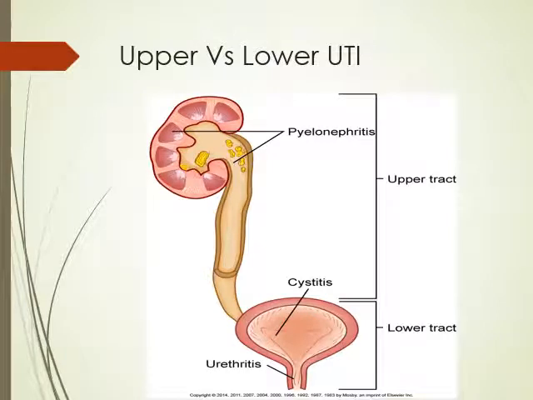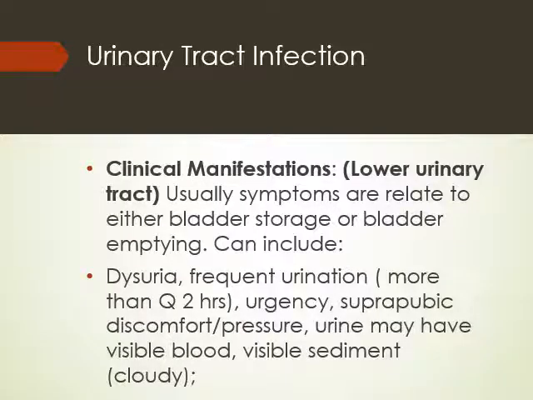Upper versus lower, particularly we're talking about pyelonephritis, which is an inflammation of the upper urinary tract. So that would be the cause there, and of course lower would be the lower urinary tract, bladder, and urethra. Urinary tract infection symptoms usually relate to bladder storage or bladder emptying.